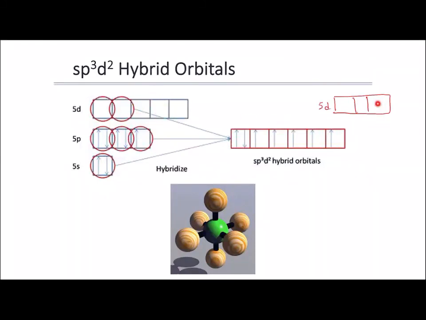So I end up with 3 empty d orbitals. But all the rest of these, all 6 of these, hybridize together to create sp3d2. That's how we can end up with octahedral. And even though we're mixing 3 different types of orbitals, we still end up with the same bond length and bond energy across all these different atoms and all these different orbitals.